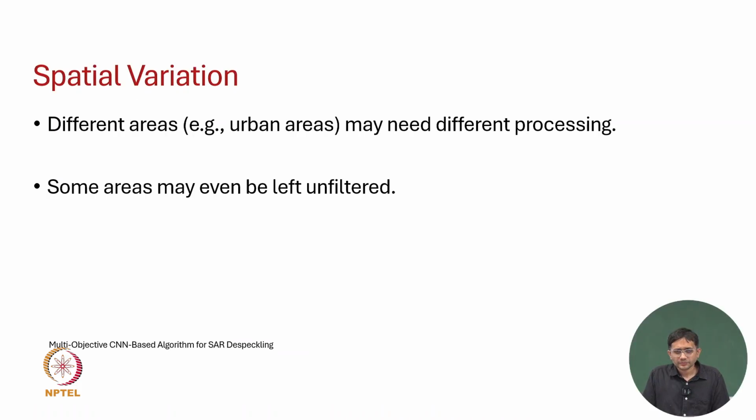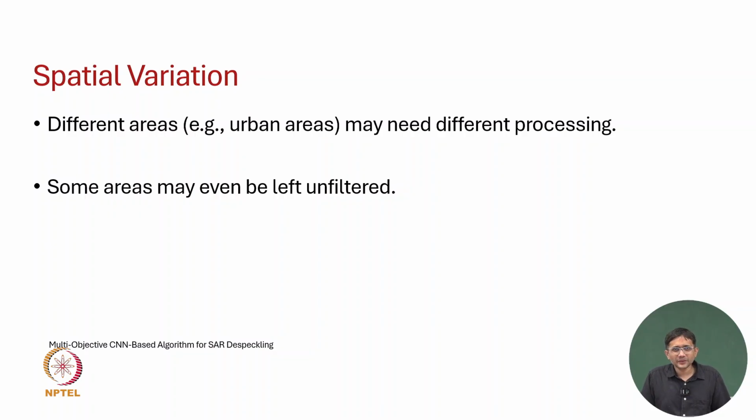Now, one aspect in the context of despeckling that needs to be understood is the spatial variation. Different areas, let's say an urban area, or vegetation, like crop, agricultural area, all these areas may need different processing for despeckling.